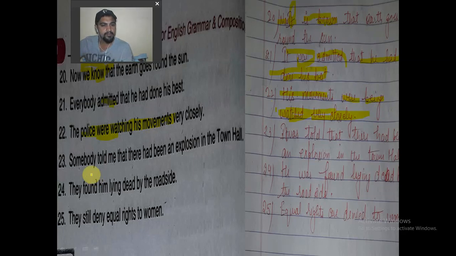Then 23rd statement, somebody told me that there had been an explosion in the town hall.